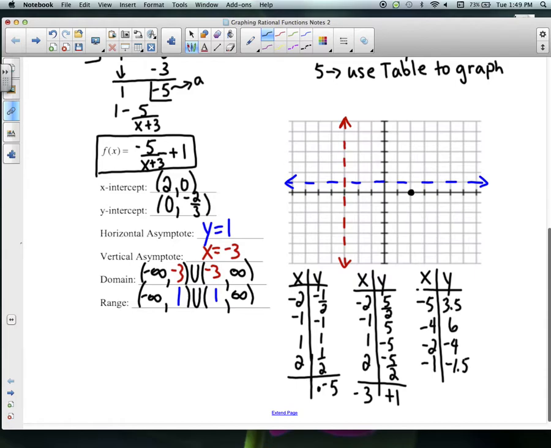That's my x-intercept, not in the table, but I want to plot it. My y-intercept's (0, -2/3). Put that in there. And then we'll put all the rest of the points we have. So we have (-2, -4), (-1, -1.5).